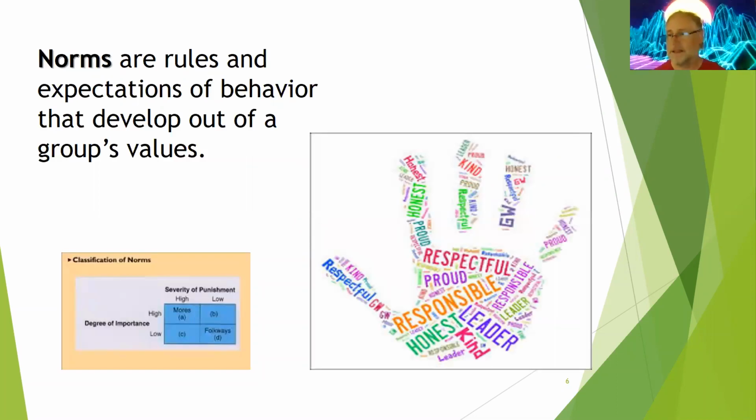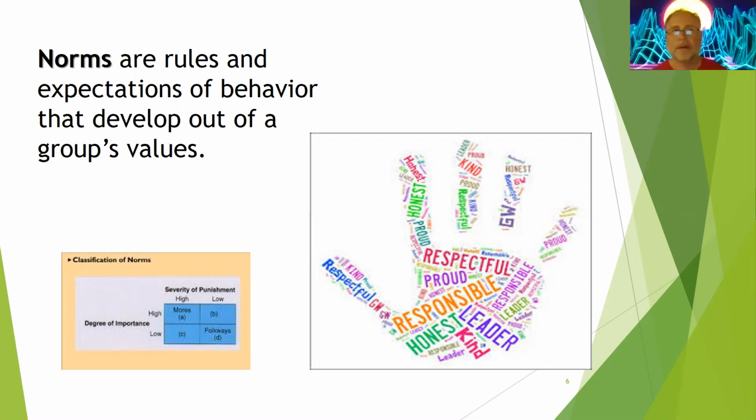All right, another major element of culture is norms. Norms are rules and expectations of behavior that develop out of a group's value system. So values lead to norms. Values are up here and behaviors are out here, what we do, okay, our behavior.